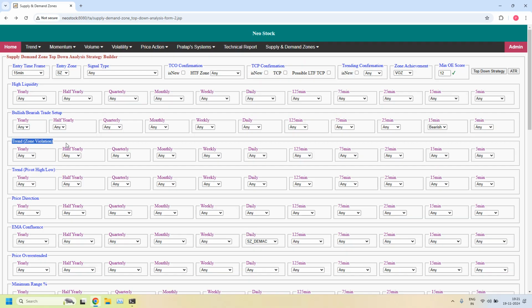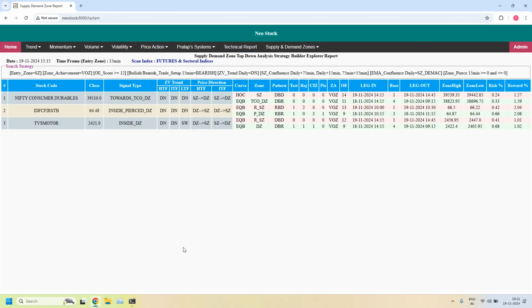In the trend, zone violation trend, at daily time frame, you need to select down because they are bearish trade setups, select the downtrend. So now we got only 3 stocks. HTF trend is a downtrend. This is the advantage of this strategy builder. You can filter the stocks in different ways.